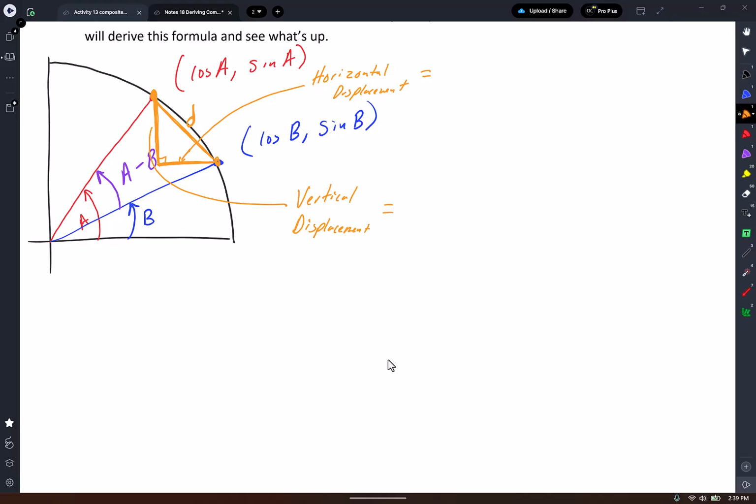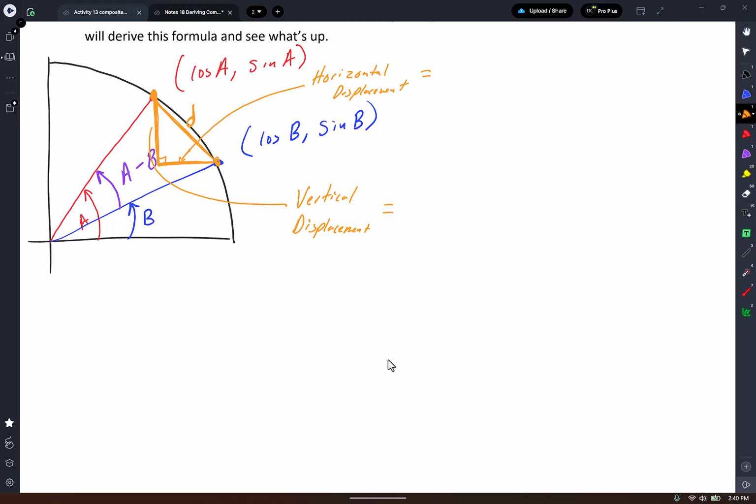Okay. So here's all I'm doing. How would I find the horizontal displacement? How would I find this distance with the values that I have? Well, if I want the horizontal displacement, don't I just take the x value of the blue dot and subtract the x value of the red dot? You guys agree?